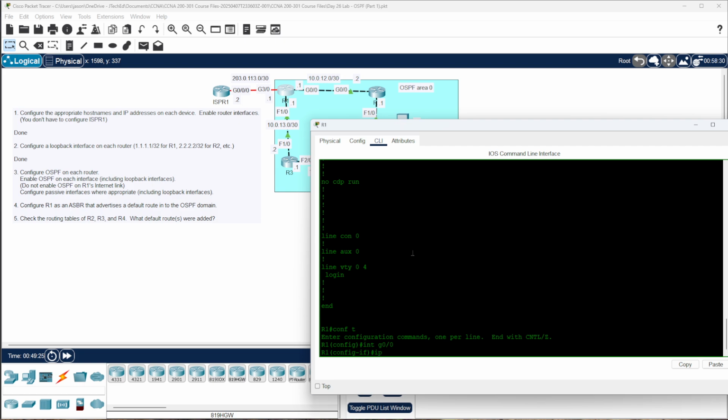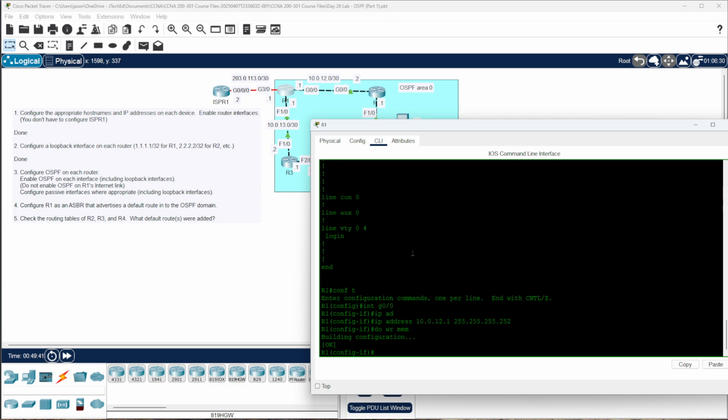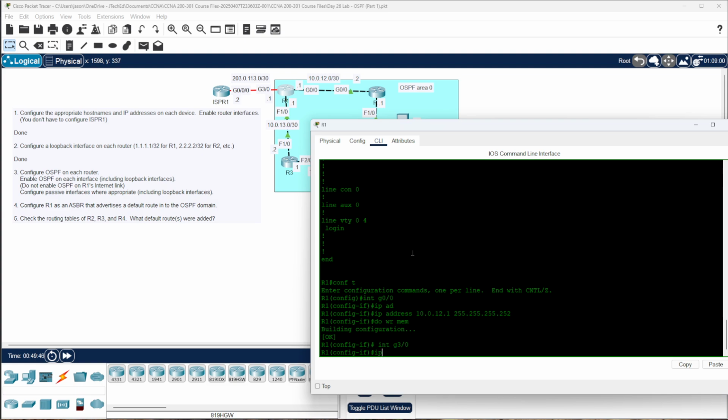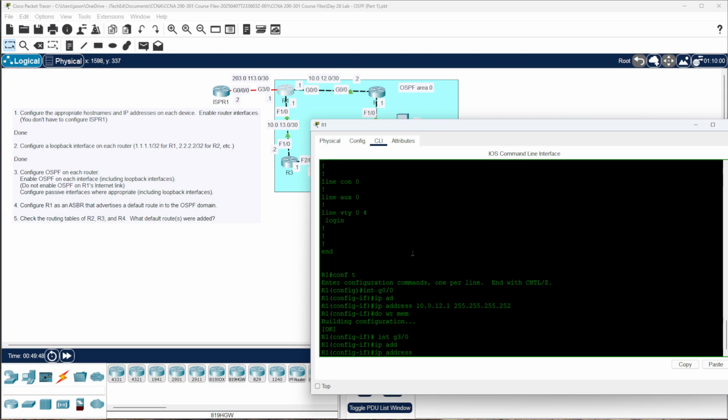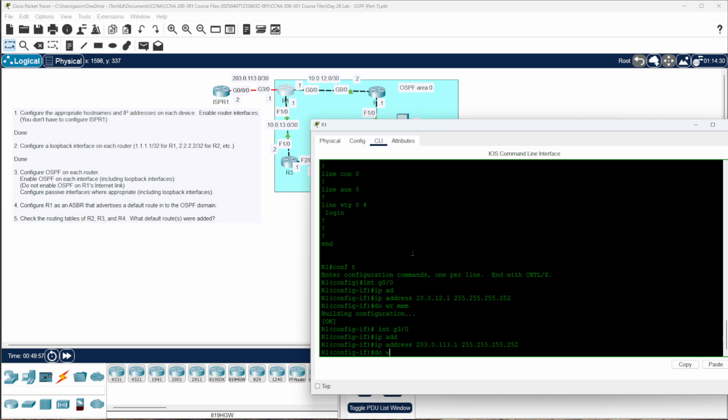It looks like we want to give this thing IP address 10.0.12.1. I think we're right with this subnet. I just did it in my head, hopefully I'm right. We're going to go with our old memory. Then the next interface, IP address 203.0.113.1. I think we got that.